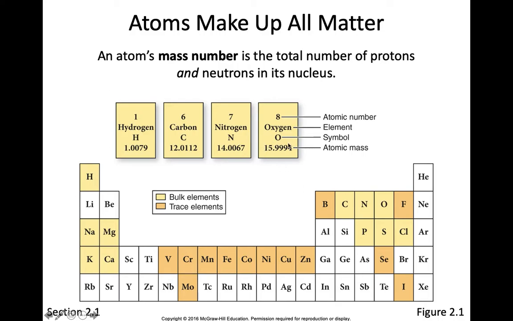So 16 from the total, minus 0 weight from our electrons, minus 8 weight from our protons equals 8. So 8 plus 8 equals 16. So that's how you know how many neutrons you have inside of here.